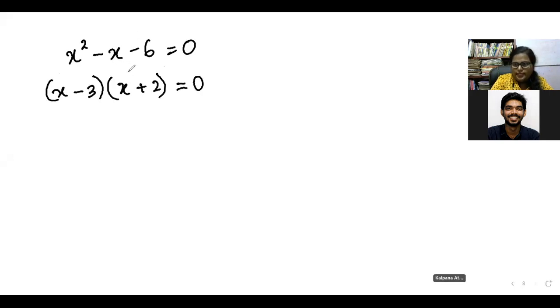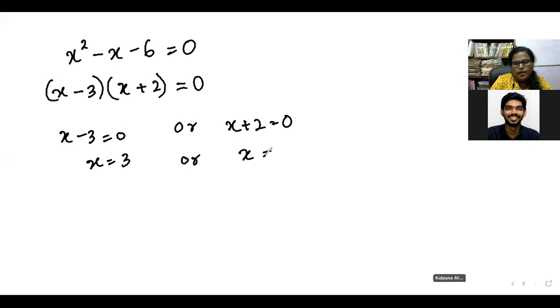These are the two factors of this quadratic equation. You can verify this: x square plus 2x minus 3x minus 6. When solving, you take x minus 3 equals 0 or x plus 2 equals 0. So x equals 3 or x equals minus 2. These are the solutions, the points where the graph of this quadratic equation cuts the x-axis.